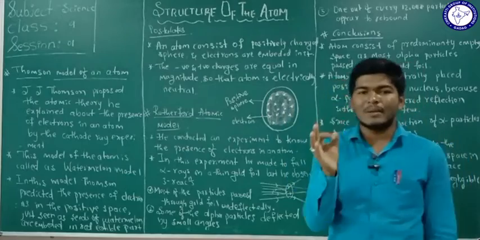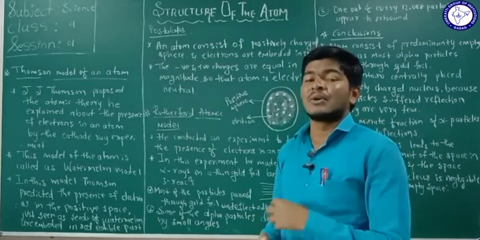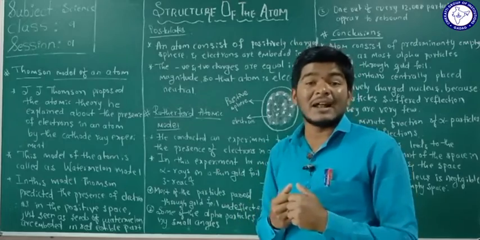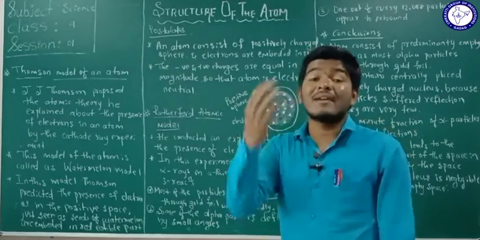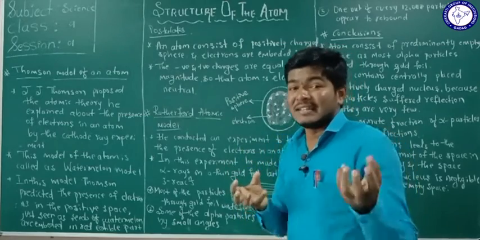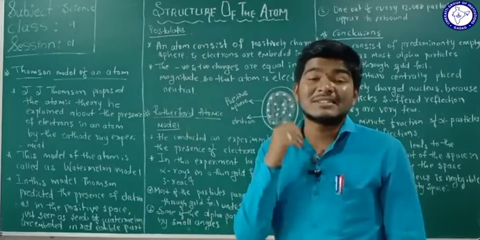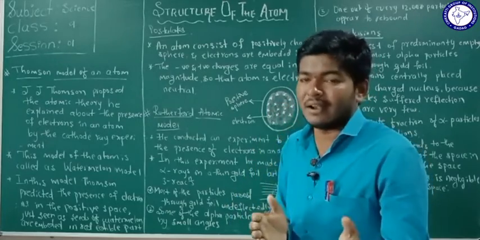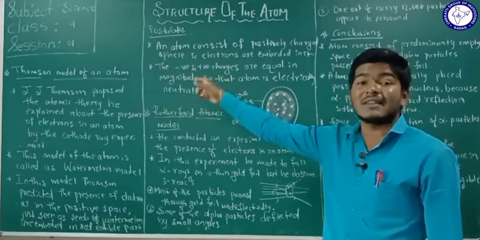You have to remember that the structure of the atom did not come quickly. The structure of the atom was confirmed through a number of studies, but now we are going to study how the study of that structure started. First, the study of the structure started with the Thomson model, or the Thomson experiment.